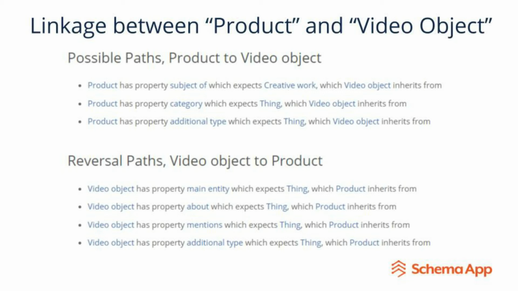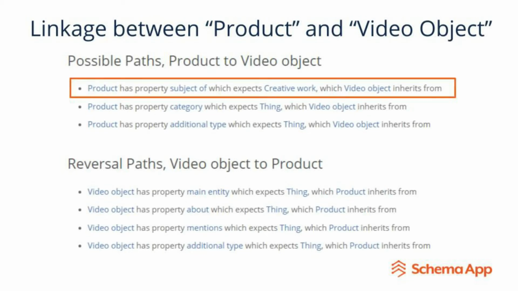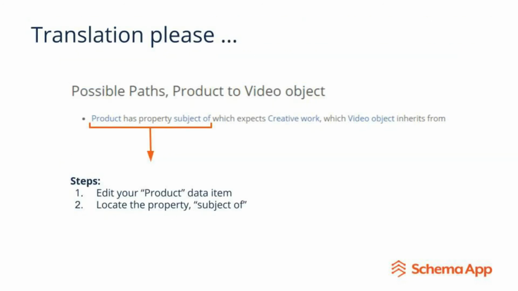Schema Paths defines the possible paths two ways. It starts with finding the paths with the product, and then it reverses the process to find the possible paths starting with video object. Now, this isn't the easiest explanation to understand, so let's break it down starting with the first option. Schema Paths is telling us that product has a property called subject of.